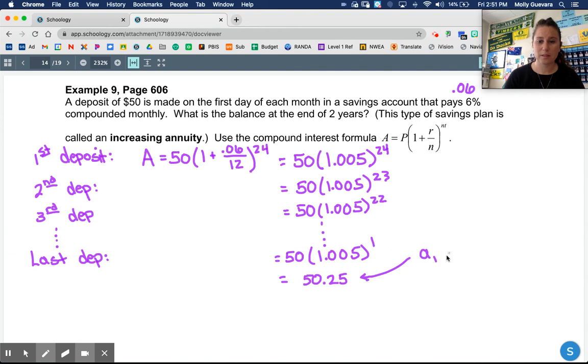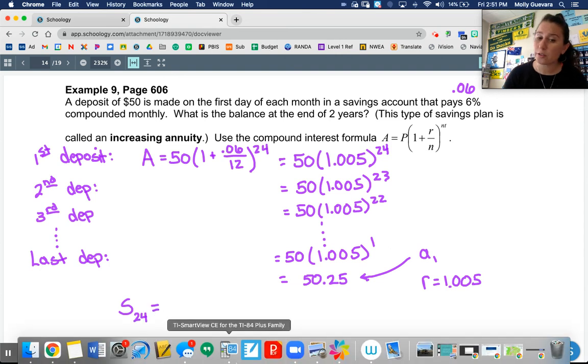Okay. And then my R is going to be my 1.005. So you don't necessarily have to write all these out. I just wanted to explain why my first term was $50.25, right? That very last deposit is only earning 25 cents in interest. My R is 1.005, and I want to find the sum of all 24 months.